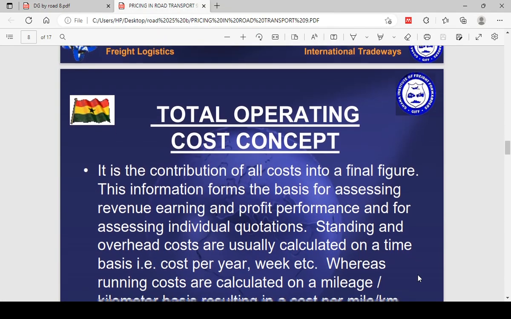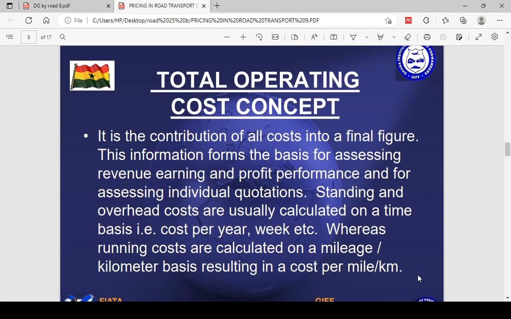So the total operating cost concept is the contribution of all costs into a final figure. This information forms the basis for assessing revenue earning and profit performance and for assessing individual quotations.